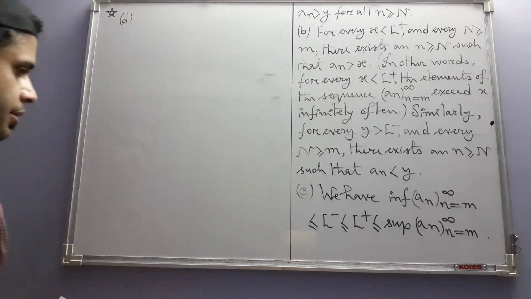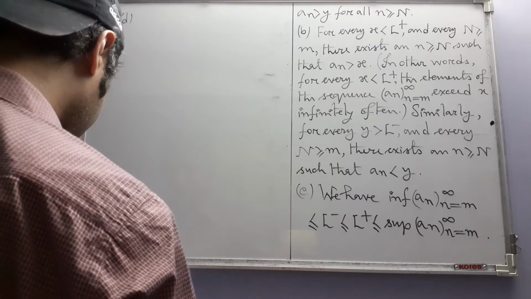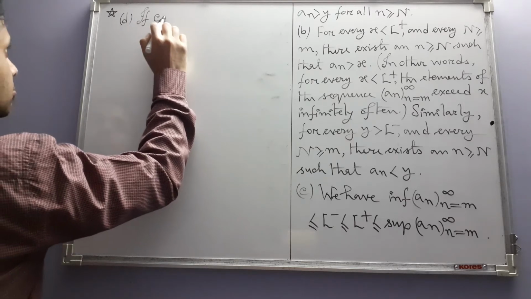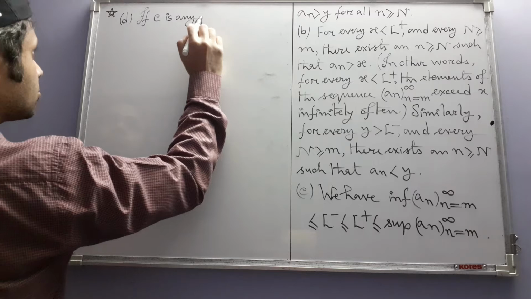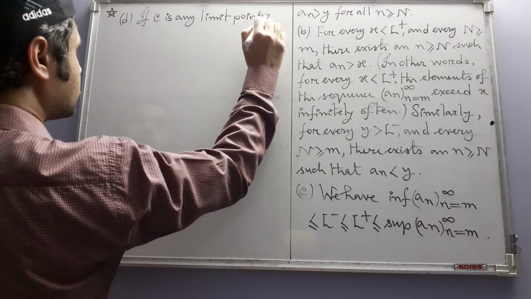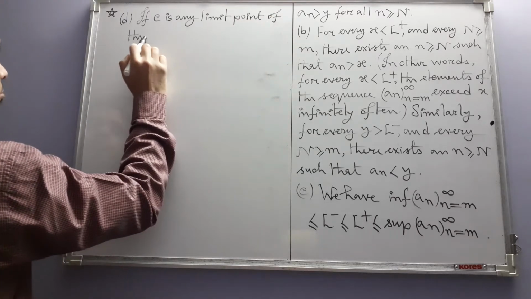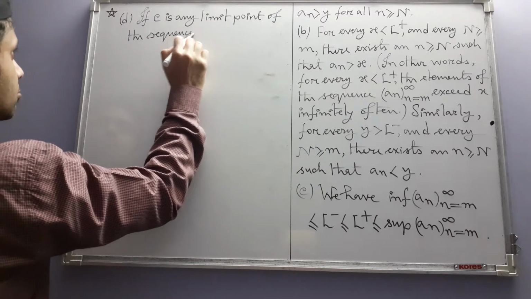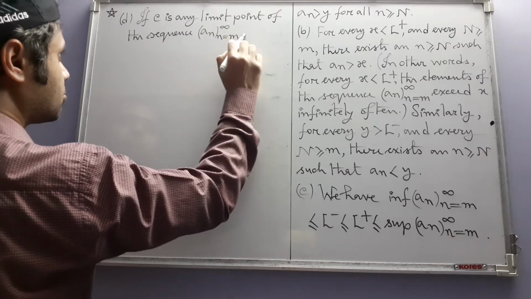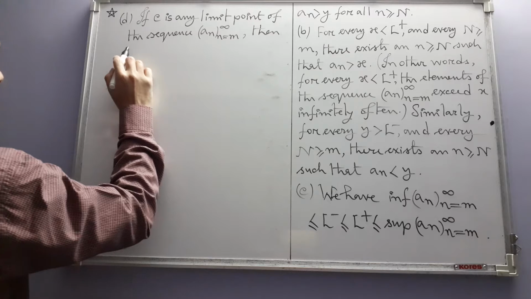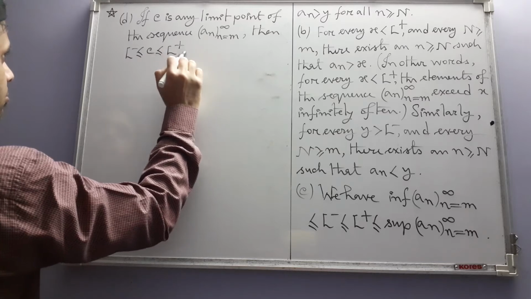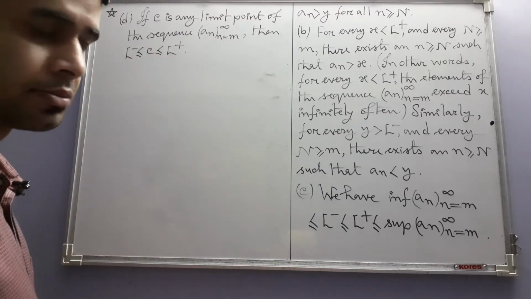Then part D. If C is any limit point of the sequence, then C lies between L minus and L plus.